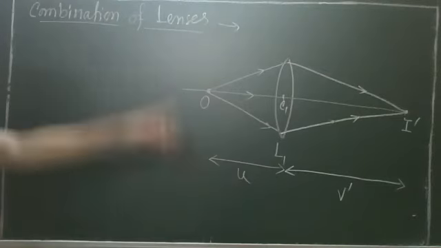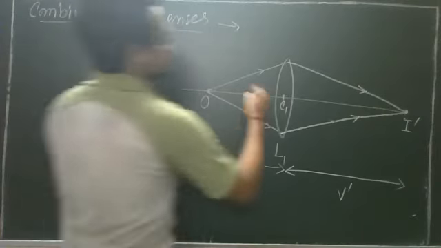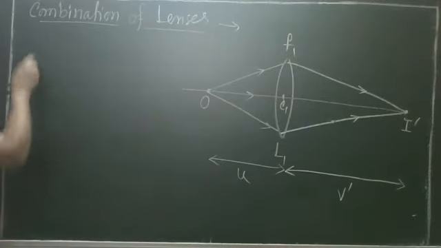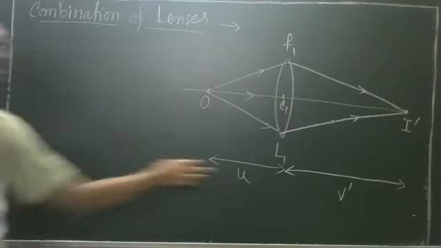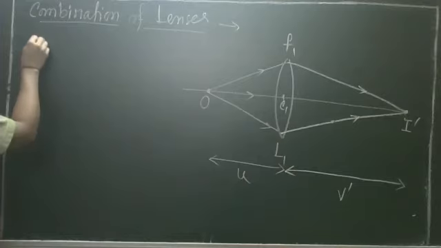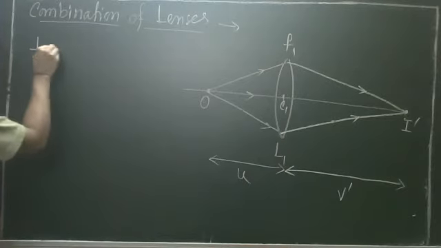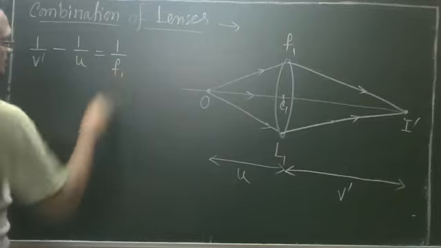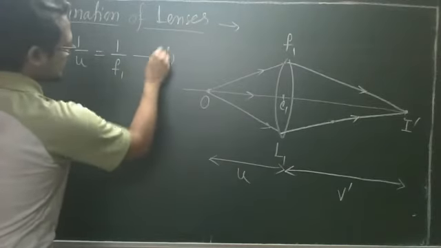If the focal length of this lens is f1, then for the first lens L1 the formula will be 1 by v prime minus 1 by u equal to 1 by f1. This is equation number 1.